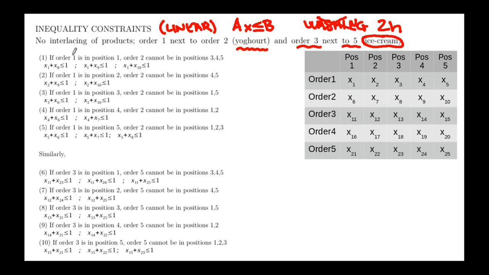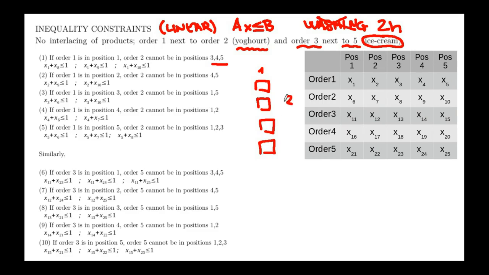If order 1 is in position 1, order 2 cannot be in positions 3, 4, or 5. Why? Because if order 1 is assigned to the first position, then order 2 can be in these 4 positions.